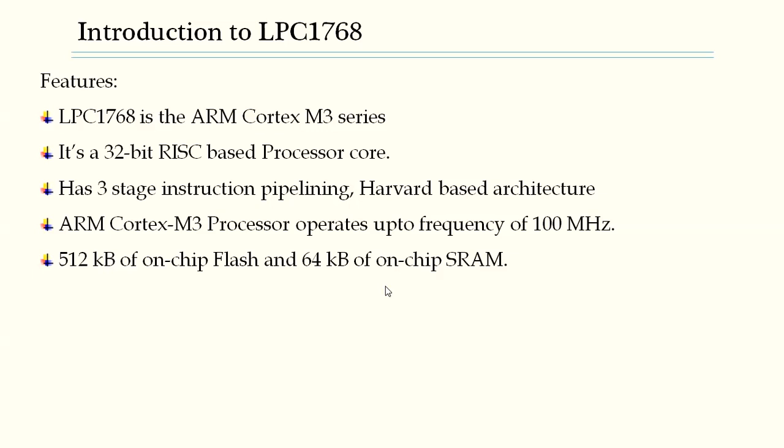Then LPC1768 also supports up to 64 kilobytes of on-chip RAM. So this on-chip RAM is used for storing the data. Up to 32 KB of the SRAM is accessible by the CPU, and the remaining part is used by the DMA, that is the direct memory access controllers, which are on the higher speed bus.